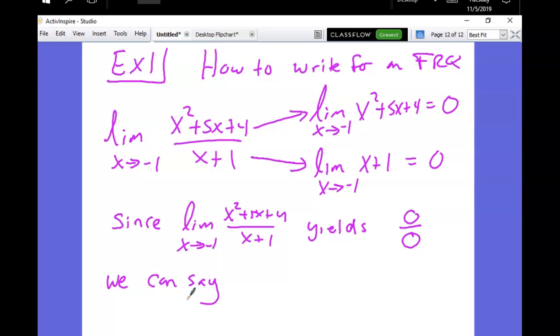Now at this point, because you're in a rush and you're trying to get done with the test, you probably just want to say the limit and then put the derivative. But technically what you should say is this limit is equal to this other limit with the derivatives, right?